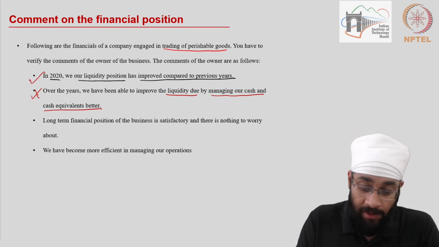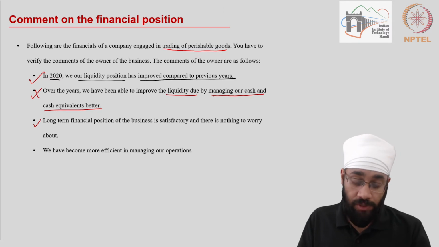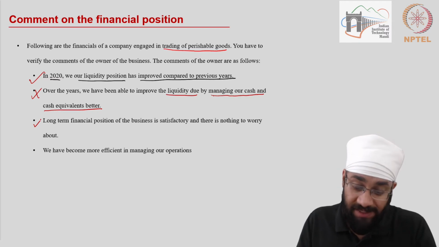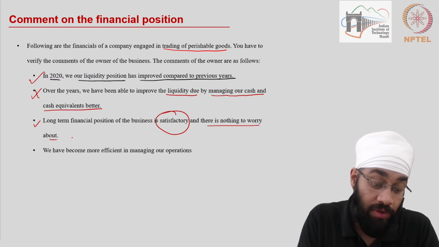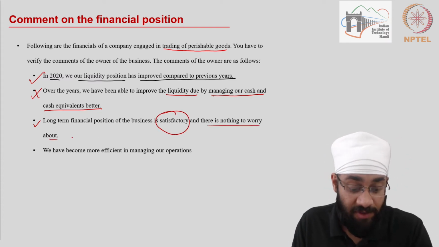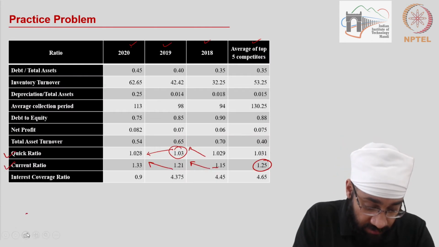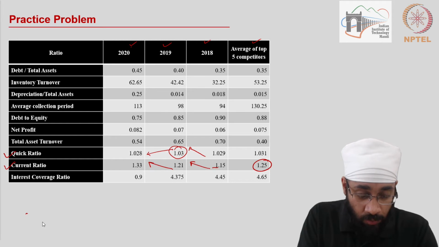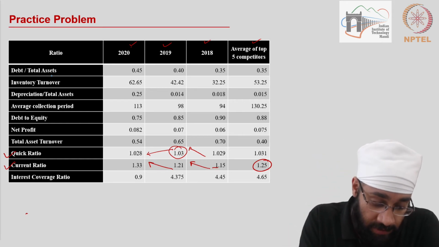Okay. Let's go to the third statement, which says long-term financial position is satisfactory. All right. And there is nothing to worry about. Is there nothing to worry about? Let's look at long-term indicators. Let me use a different ink here as well. Which ones are the long-term financial position indicators?